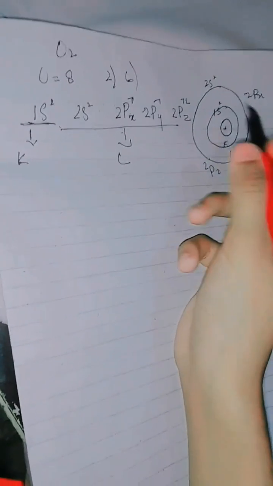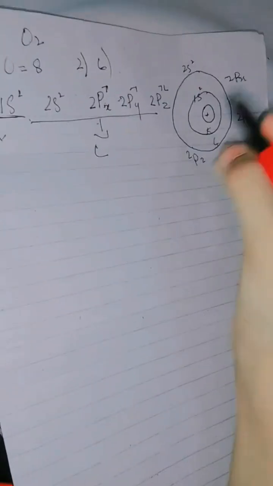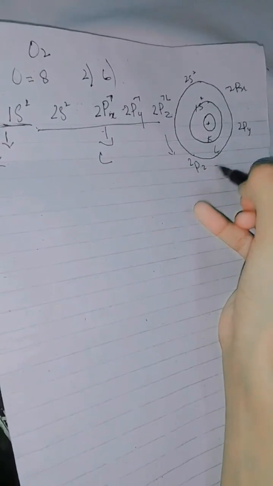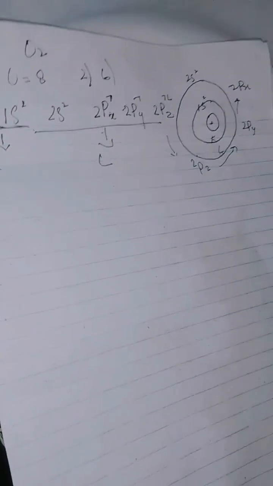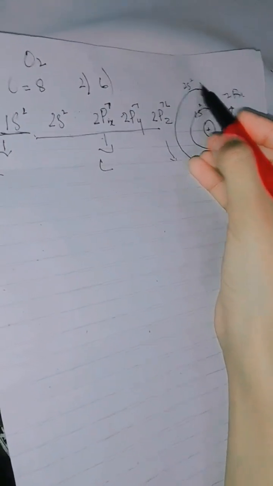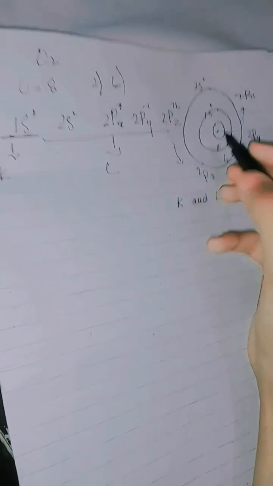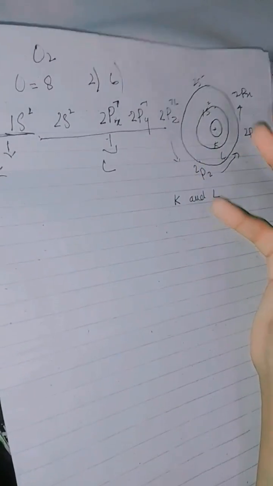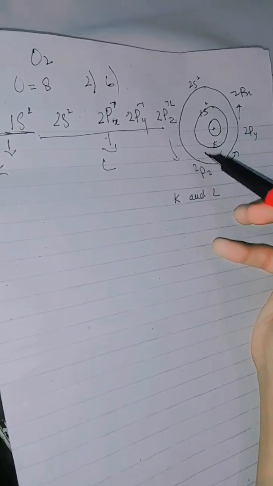Now the different orbitals in the same orbit have a very small energy difference because they are in the same orbit. But if we talk about K and L, that is another orbit. These orbitals are in the L shell and this orbital is in the K shell.